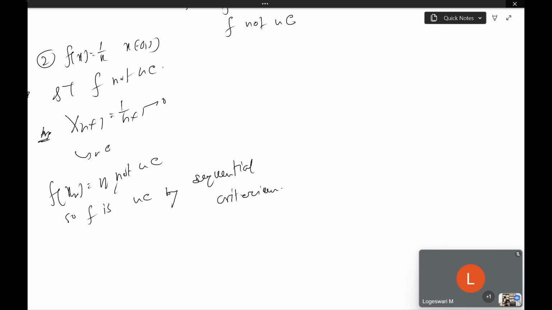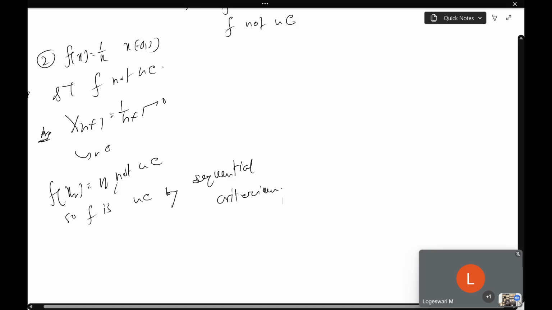Okay, so these are some examples. Now there is one theorem.